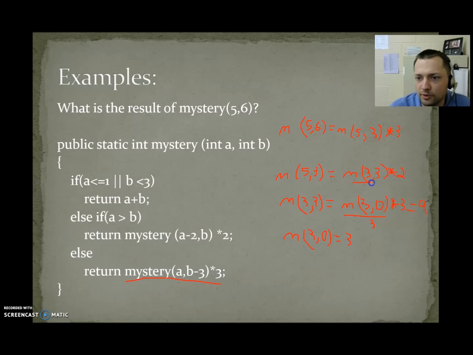If we know M(3, 3) is 9, we plug in a 9 right here, and we get 18. Then if we know that M(5, 3) is 18, we can plug in 18 here. 18 times 3 is 54. So we get M(5, 6) is equal to 54 as our final answer.